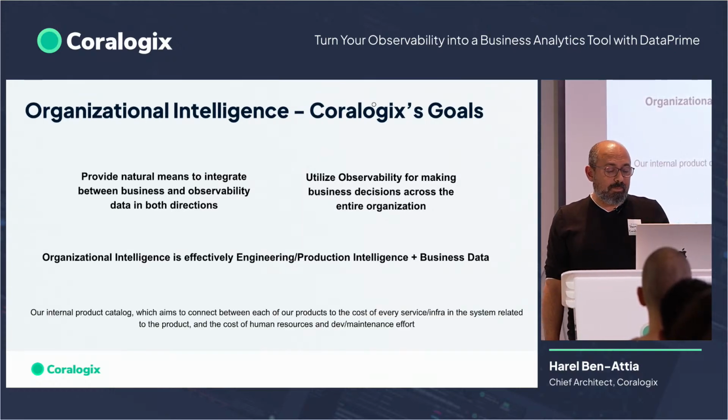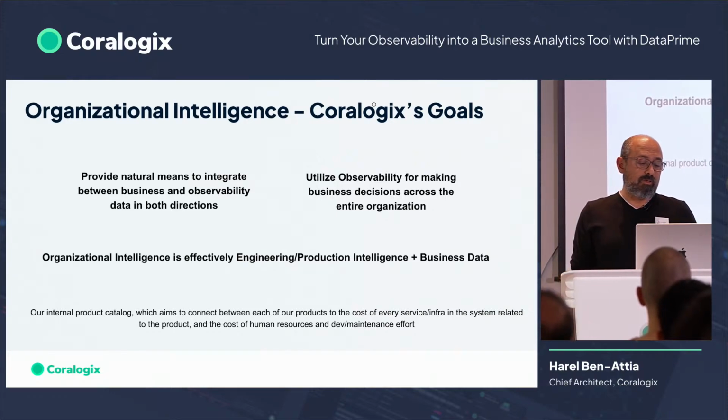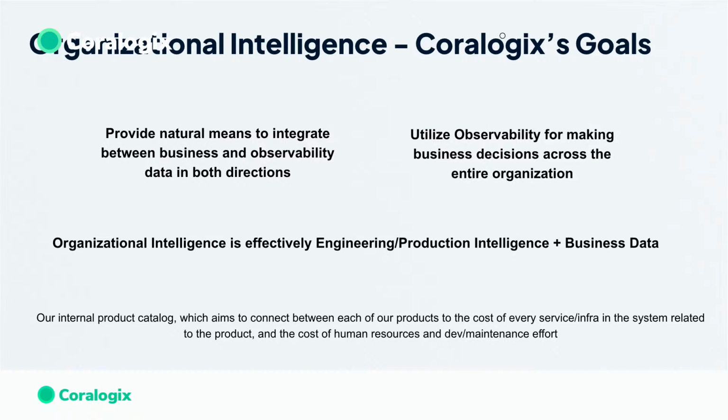We have a simple example. I can talk about it more deeply later if anyone is interested, but our own product catalog is an internal project that aims to connect each of the products that we provide to customers to the cost of each product in terms of services and infrastructure, and to the cost of human resources and dev maintenance effort through Jira.